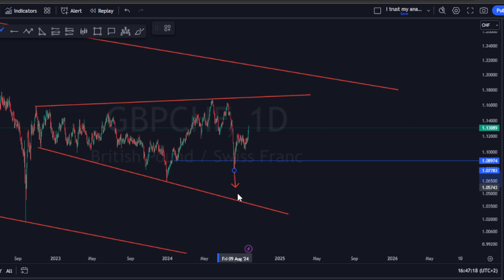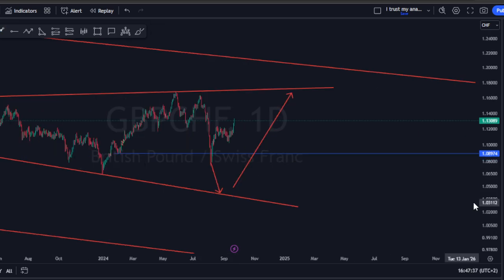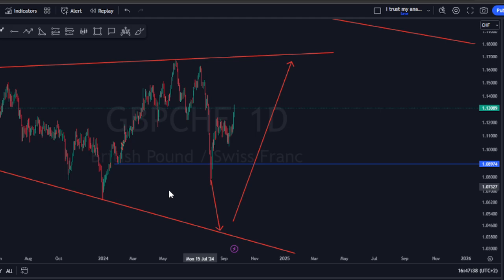However, this push to the downside didn't play out as anticipated, because if it had, we were just going to continue looking for sells until the lows.